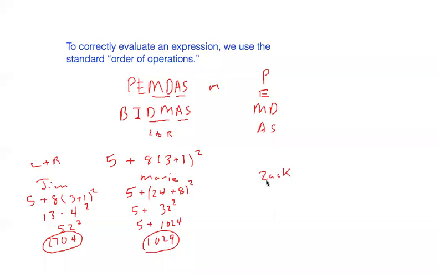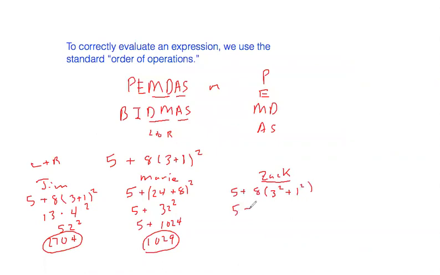Now, Zach, on the other hand, is pretty sure that the parentheses needs to be done, but he also thinks the squaring needs to be done. So he's going to take the 5 plus 8 and then take the 3 and square it, and then add that to the 1 squared.